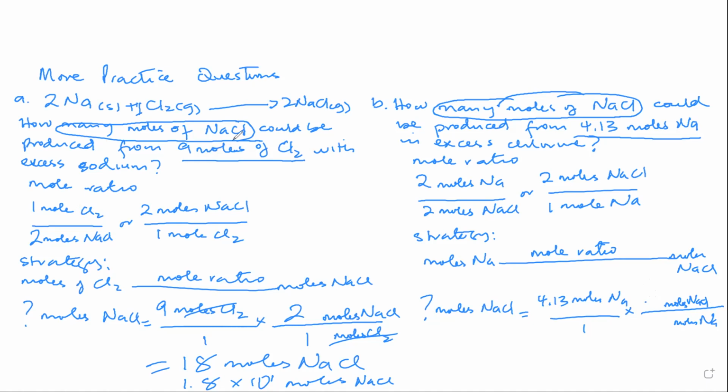Wait a minute, sodium is what? I'm sorry, sodium is 2 here. How did I mess up here? 2 to 2. So this is 2, this is 2. This crosses out, this crosses out, so you get 4.13 moles of sodium chloride. Hopefully, you got this right. It's very, very easy. You can't get anything easier than this.